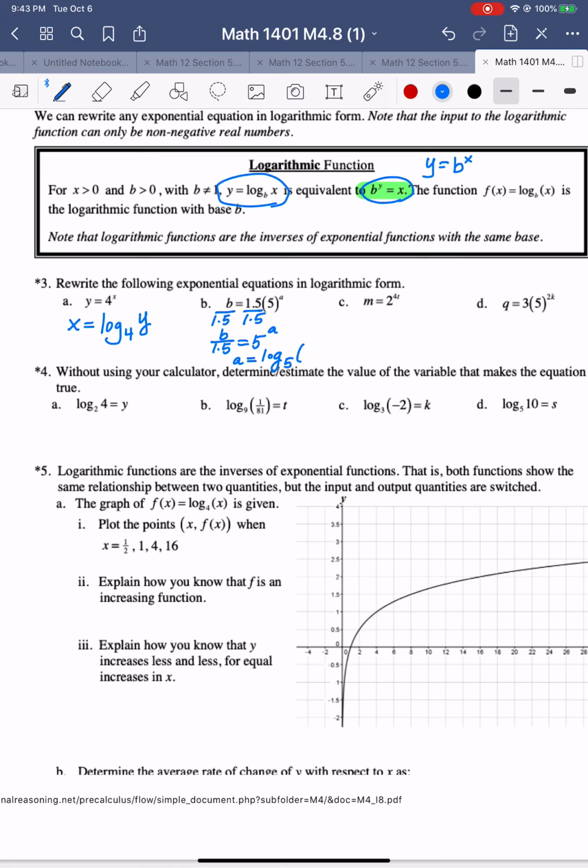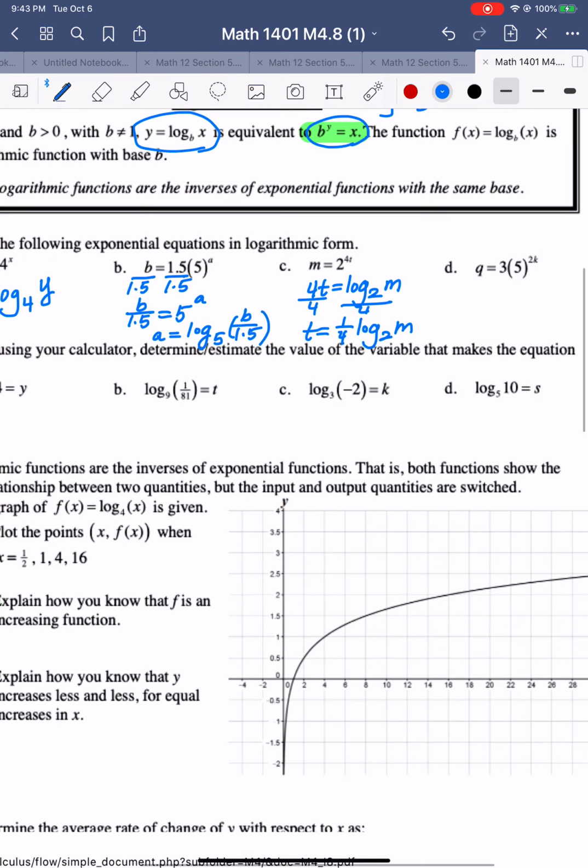For c, your exponent is now 4t, which is log base 2 of m, but we need to solve for t, so divide by 4. A better way to write it, instead of 1 over 4, is 1/4 of log base 2 of m. For d, divide by 3 on both sides, because 3 is not a base.